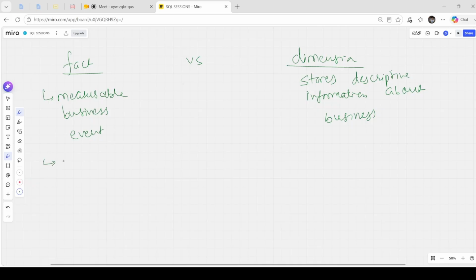Here we can say the orders table. Now the orders table is giving me some measurable business events. It means that from here can we say how many orders were placed, right? Or let's say payments. It is giving me a fact here. The fact is that the payment has been made, and for how much amount, what was the transaction ID, and what was the payment method that was used.